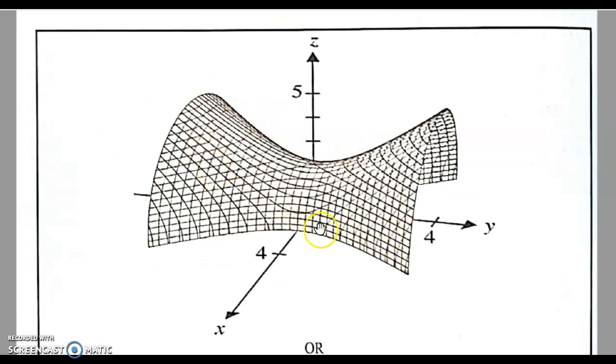If you look at this example graph, we can say that a stationary point is a point that will have slope equal to 0, meaning no slope.